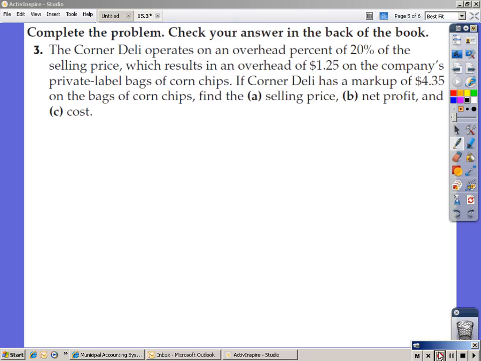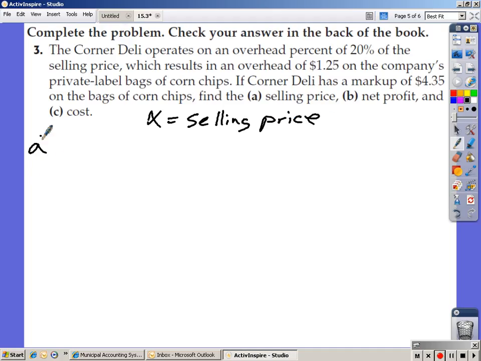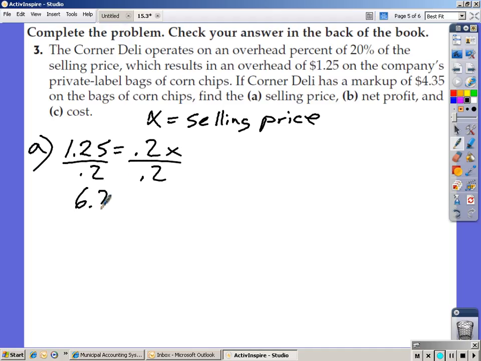Okay, so we're going to let X equal our selling price again. And we know from this that my overhead is $1.25 equals 0.2x. Divide both sides by 0.2. 1.25 divided by 0.2 is 6.25 equals X. That is our selling price.